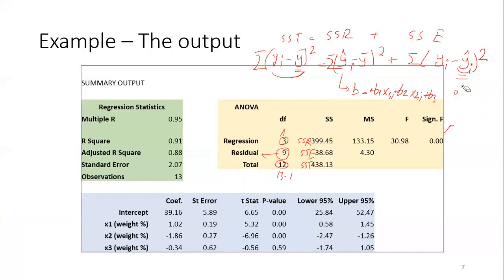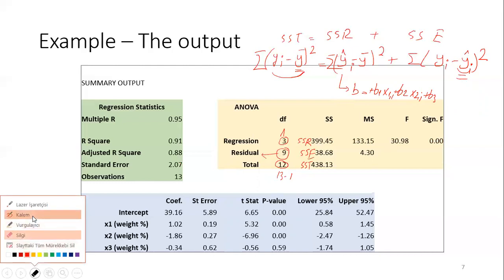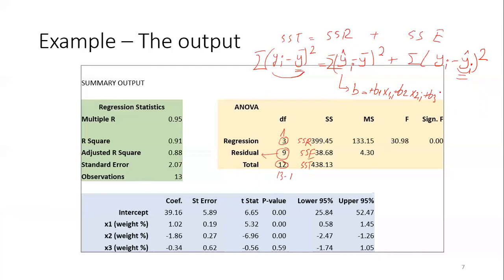Let me erase this part so that I get some space. This is what I had. That's the difference. Now my linear regression is made using three variables instead of one.